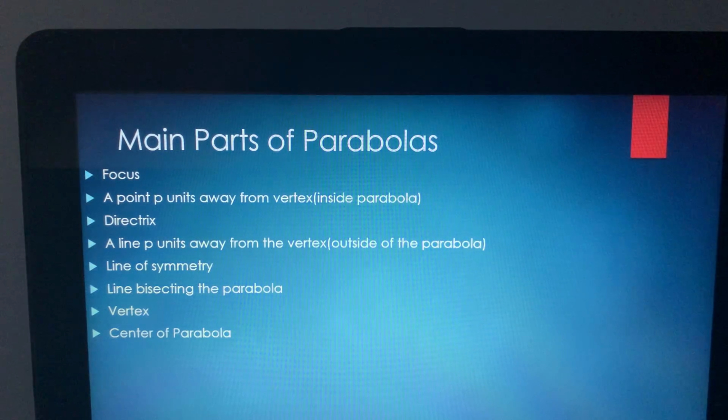Now, when we talk about p, let's say you see something like 28(x minus h). So we know it's 4p, so p would just be 7. That means the distance between the focus and the vertex, and the directrix and the vertex, is just going to be 7, either up, down, left, or right, depending on its orientation.